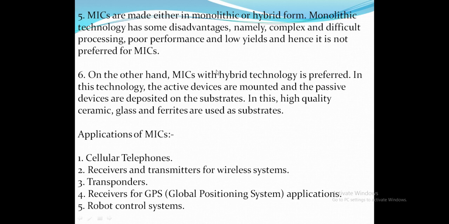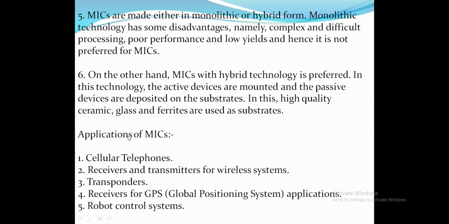In this technology, the active devices are mounted and the passive devices are deposited on the substrates. High quality ceramic, glass and ferrites are used as substrates. Because of these features, we use this hybrid technology.